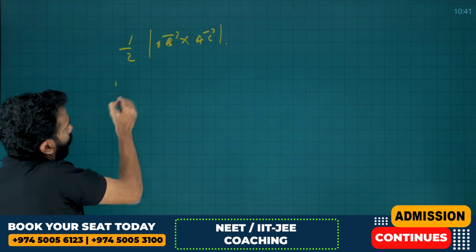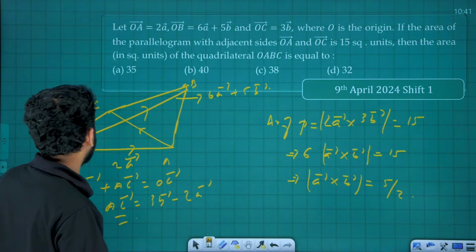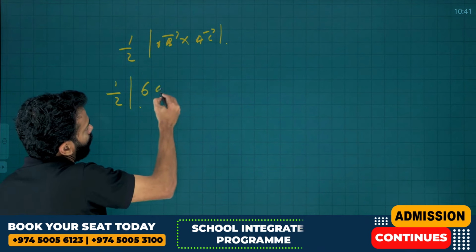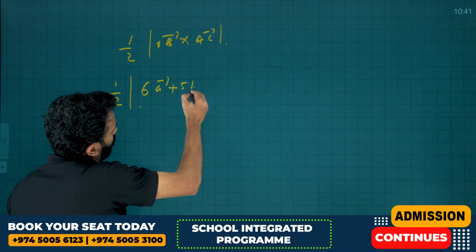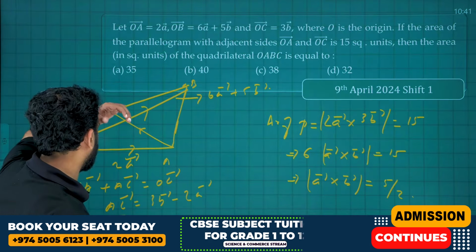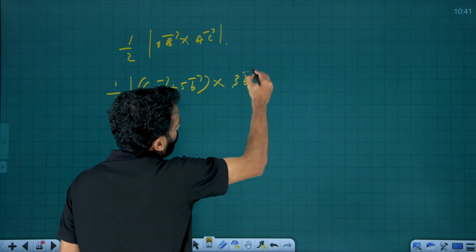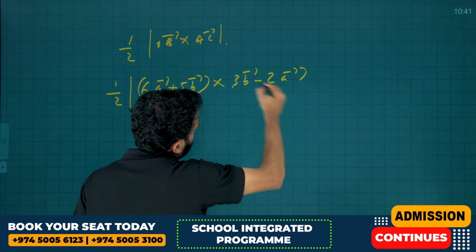Okay, so half into magnitude of, what is vector OB? 6 vector A plus 5 vector B, cross vector AC, which is 3 vector B minus 2 vector A.